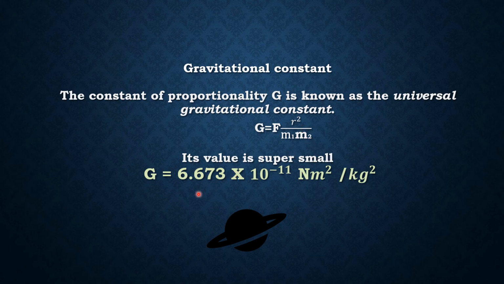Its value is very small, which is equal to 6.673 multiplied by 10 raised to the power minus 11 Newton meter squared per kg squared. Its units come from this formula: Newton from force, meter squared from r squared, and kg squared from the product of their masses.